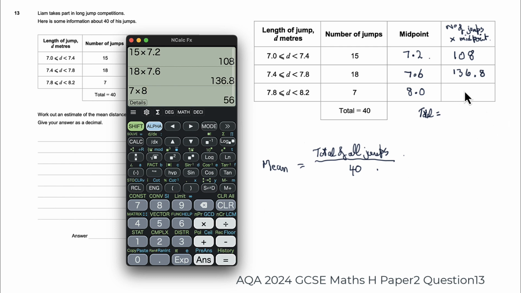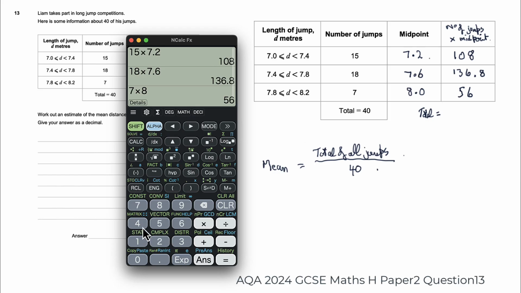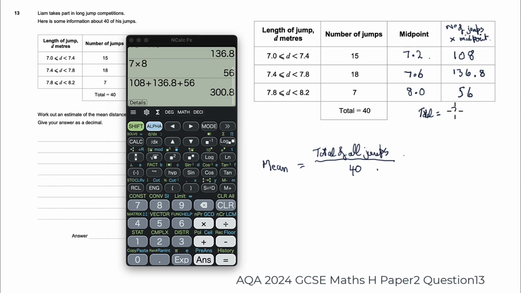There we go, 56. And we have to find the grand total of these results. So it's 108 plus 136.8 plus 56. That comes to 300.8.